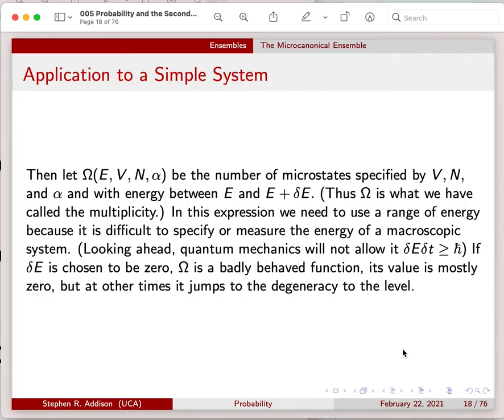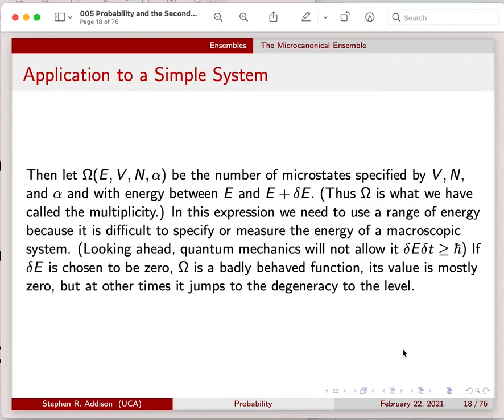In this expression, we need to use a range of energy because it's difficult to specify or to measure the exact energy of a macroscopic system. And in fact, if we look ahead to quantum mechanics, we know that there's a relationship between energy and time in the uncertainty principle.